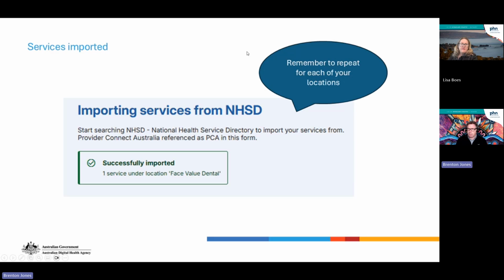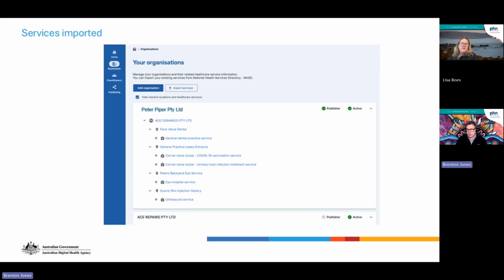And remember, you've got to do this again for every single location. So rinse and repeat. And then depending on how big your network organization is, you will then see like a kind of organizational chart breakdown, if you like. So you can see here we have the proprietary limited legal entity name, and then all the different locations or services under that corporate entity listed.